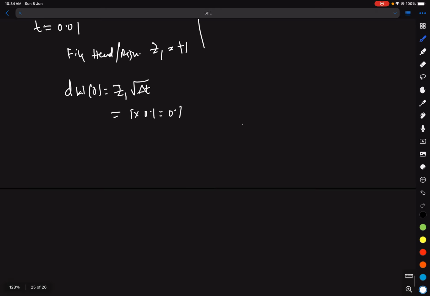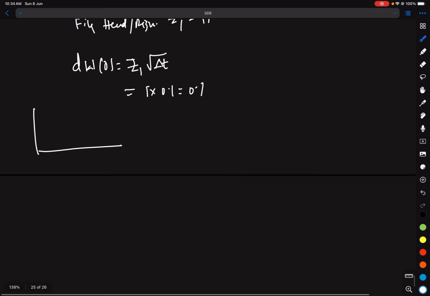And in the last video I explained it in a graphical way also. Here also let me explain. So after we move 0.01, our value is 0.1, here is our particle, or here is our stock.